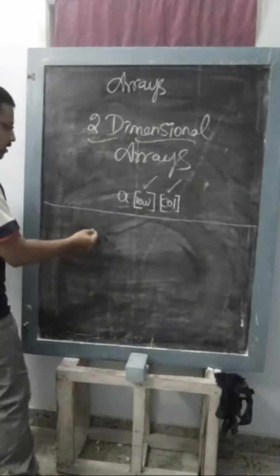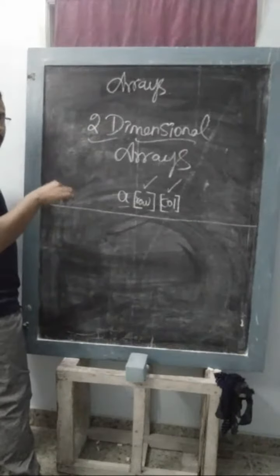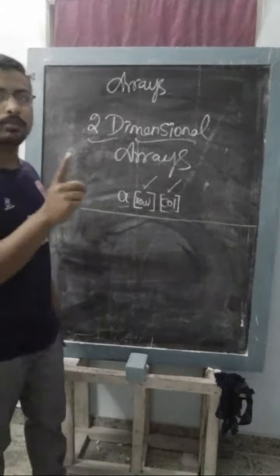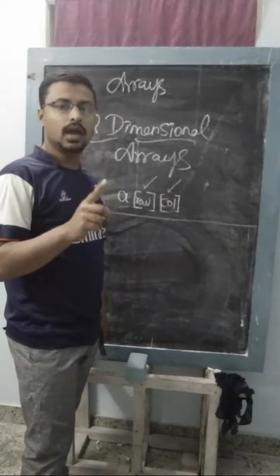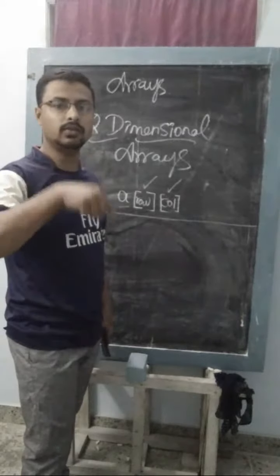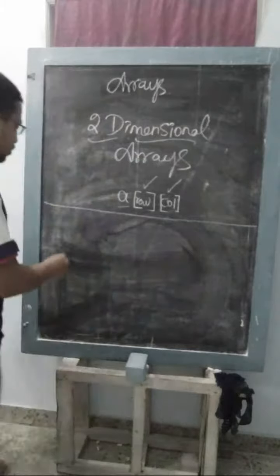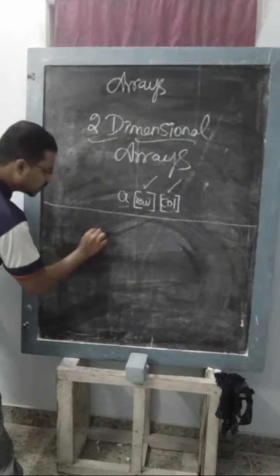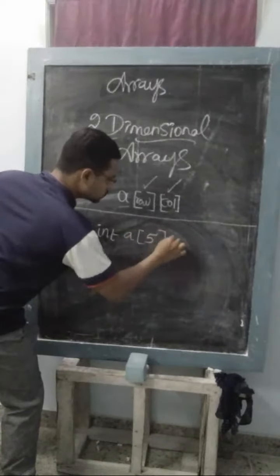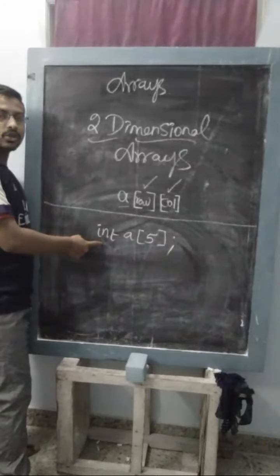If you are declaring any array, two things are important. Number one is how many elements we are going to declare, and number two is how much memory each element takes in the compiler. If you declare integer a of 5, an integer consists of 2 bytes.